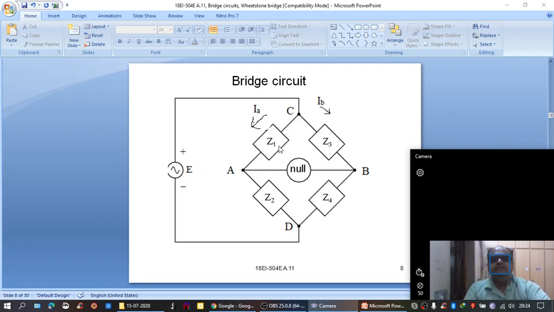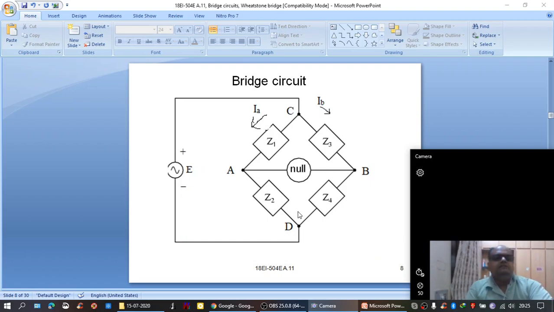Now if I change Z1 here, Z2 here, Z3 here and Z4 here, in that case the expression changes: Z1 Z3 equal to Z2 Z4. Instead of that, if I write Z1, Z2, Z3, Z4 as before, the expression changes back to Z1 Z4 equal to Z2 Z3.